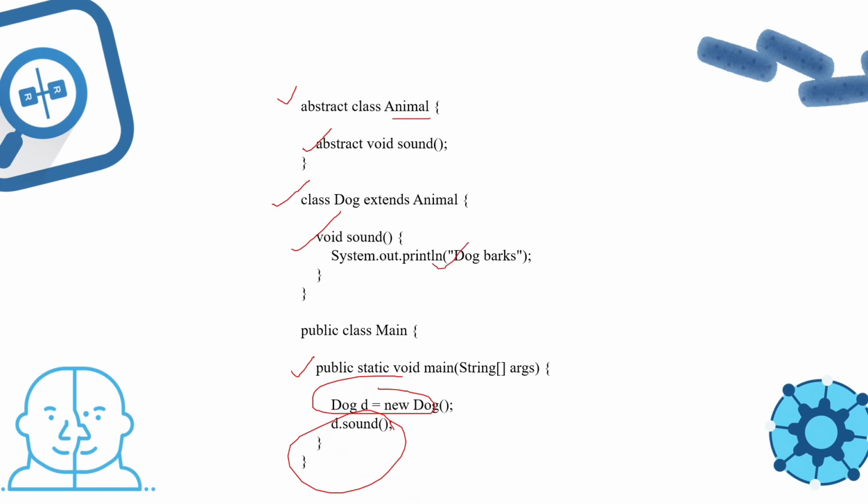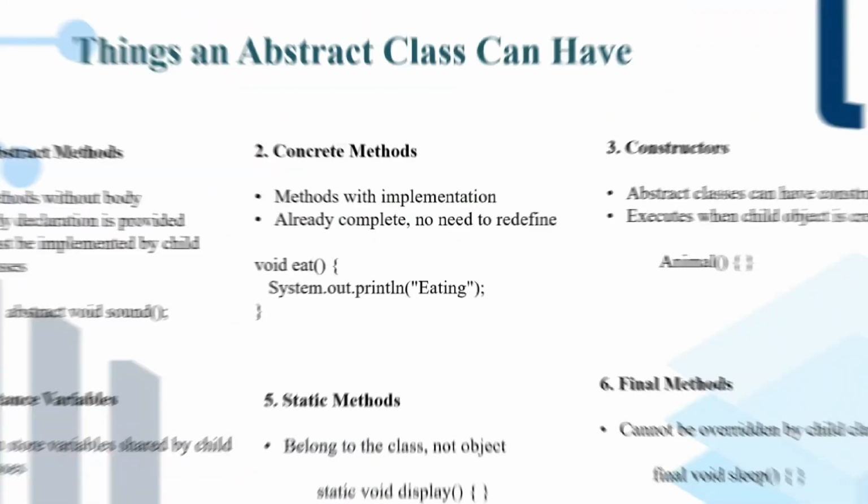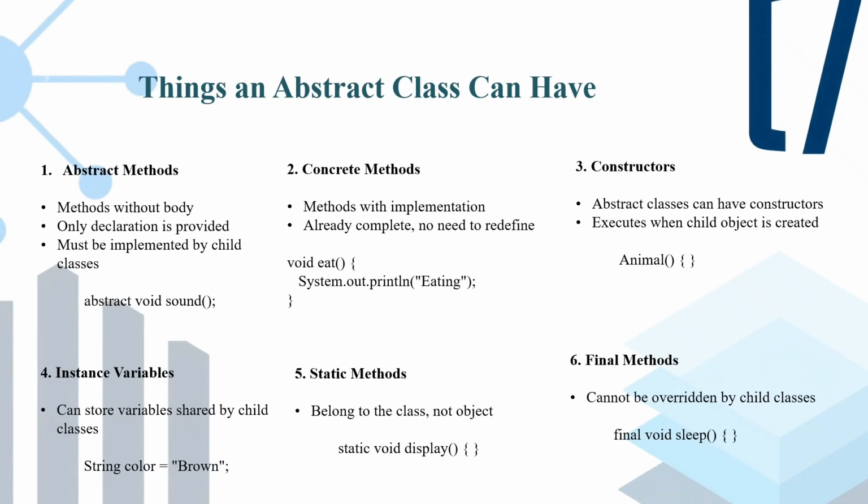Now I think you clearly understand partial abstraction means it contains both implemented methods and unimplemented methods, and cannot be instantiated, in the sense we cannot create an object of this abstract class. We can create an object of this subclass. I hope you understand.